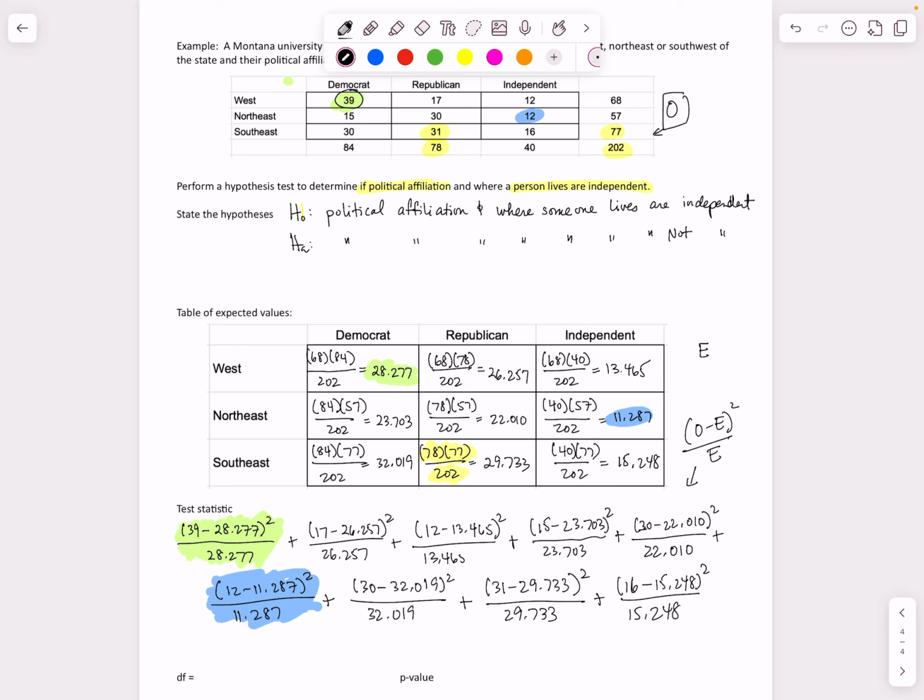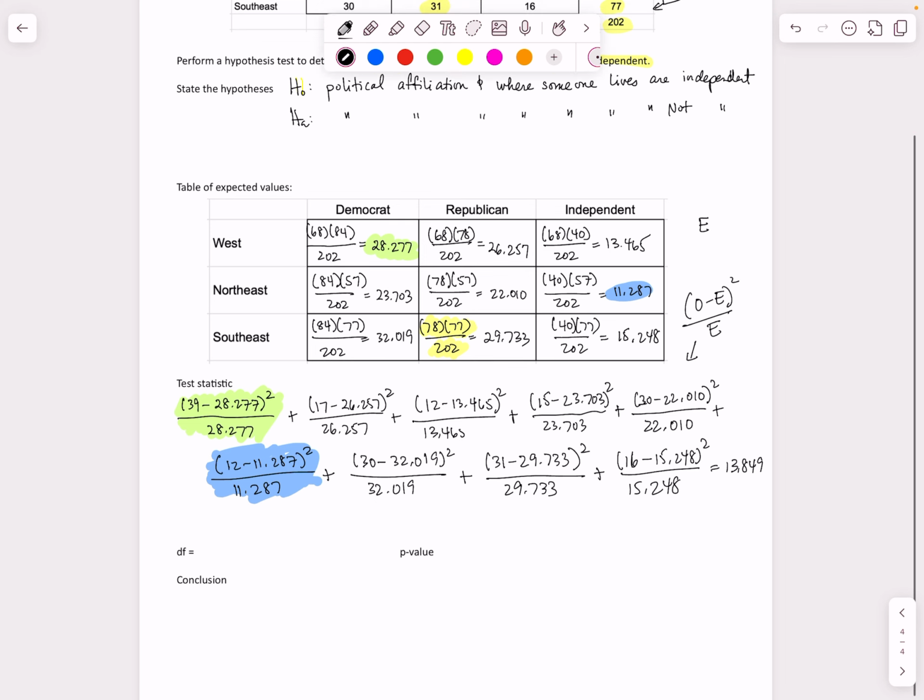And when you do that, you end up with 13.849. And the degree of freedom is I have 3 rows. I have 3 columns. So that gives me 2 times 2. So this is going to be my degree of freedom.